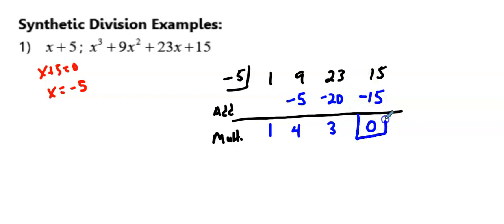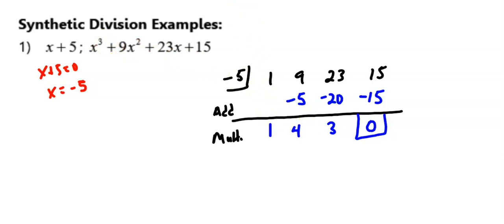So this last column always tells me my remainder. So we have a remainder of 0, which will confirm that x plus 5 goes into this polynomial evenly, and negative 5 is indeed a root. So we have a polynomial here on the bottom that we can write based on this degree of 3.